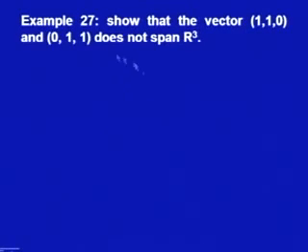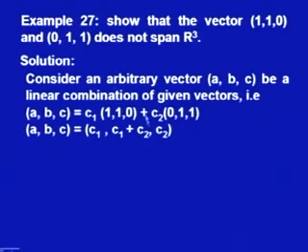However, in this example we have to show that the vectors (1, 1, 0) and (0, 1, 1) do not span the vector space R3. So let us see the solution. We consider an arbitrary vector (a, b, c) and consider it to be a linear combination of the given vectors. So we write (a, b, c) is equal to c1 times (1, 1, 0) plus c2 times (0, 1, 1).